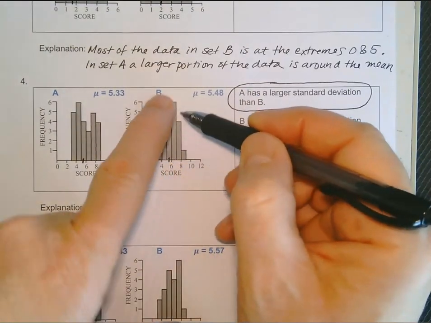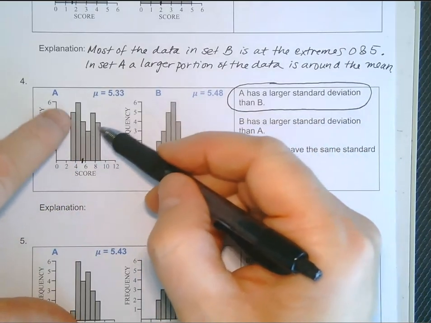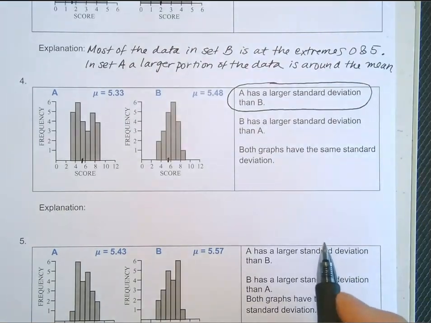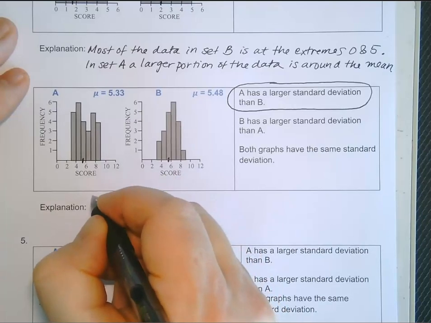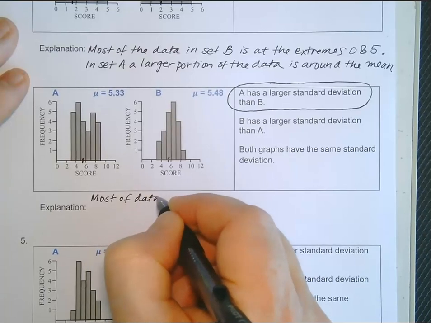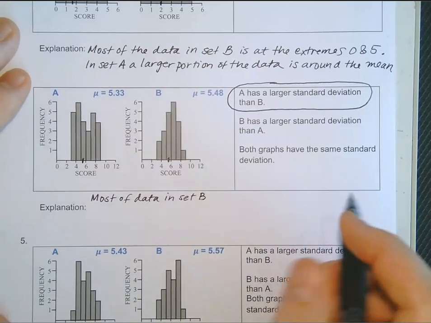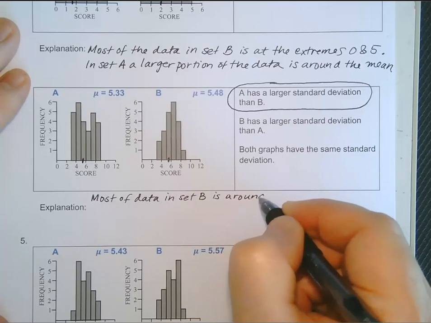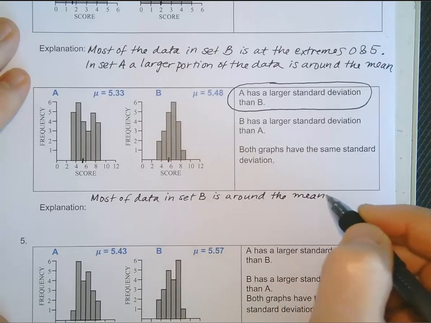Okay. You can see that the extremes are going lower as you go further away from the mean, but here it looks like they're getting larger as you get away from the mean, right? So I'll say most of the data in set B is around the mean. I'm going to be a little more specific just to help as you're doing your homework.